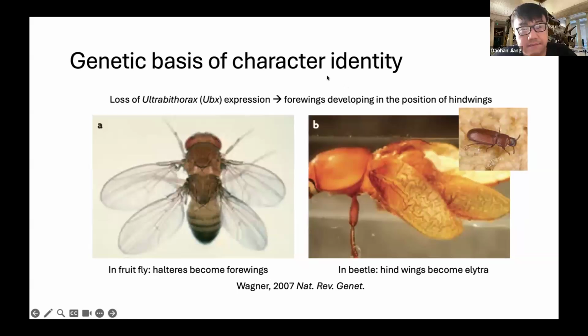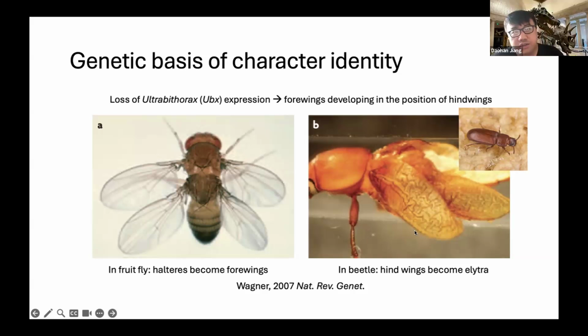The nature of character identity has been demonstrated in some developmental studies, with the case of UBX expression being a prime example. So this gene specifies hindwing identity, and the loss of its expression will cause the hindwing to be replaced by forewings. In Drosophila, it's the halteres replaced by wing blades, whereas in the beetle, it's the wing blades replaced by elytra.